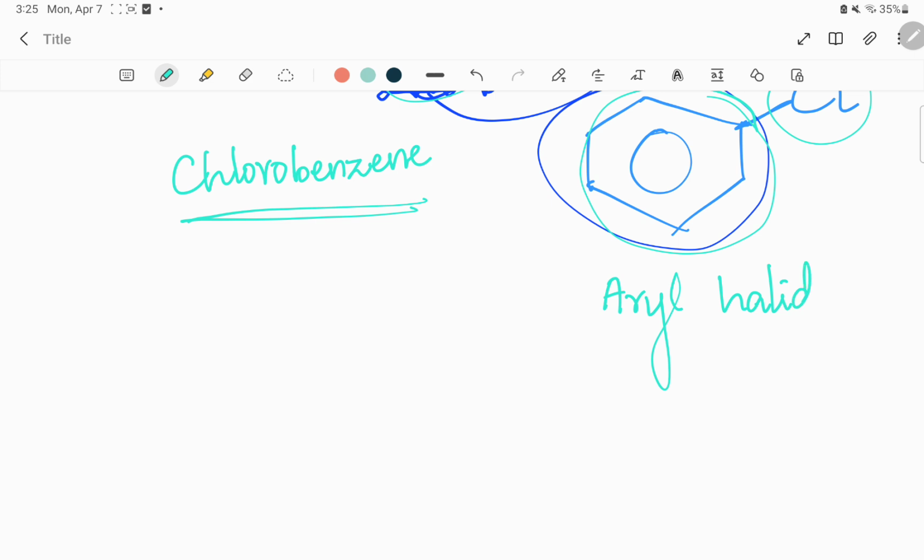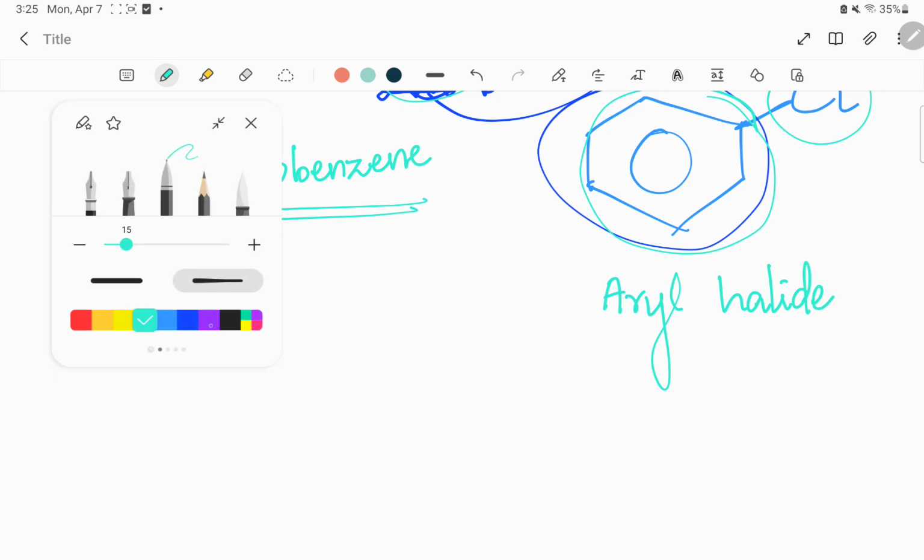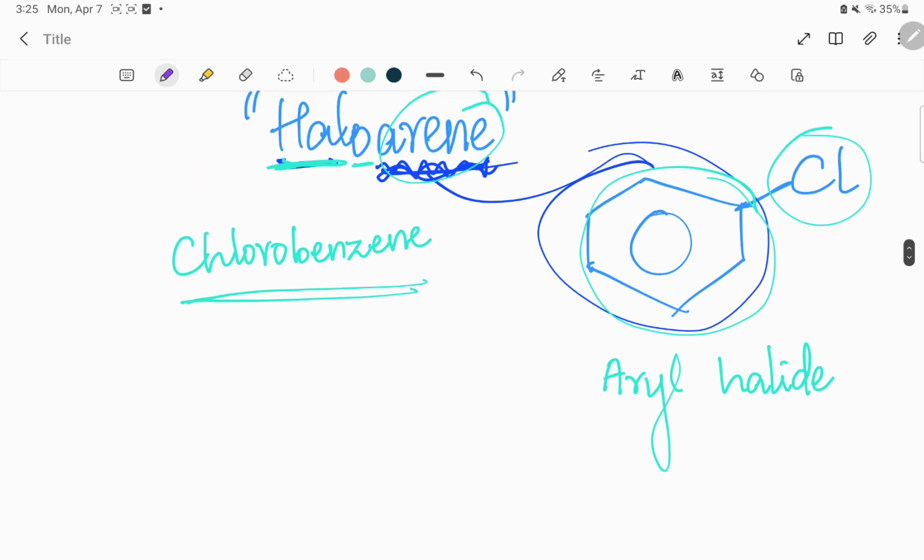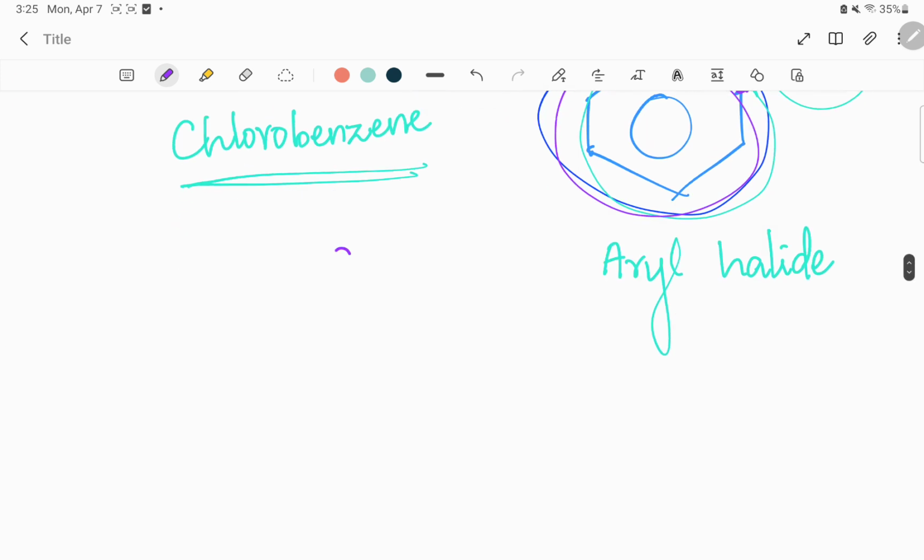So aryl is the name of the aromatic substituent. So here if you see, the substituent is a benzene ring. It is C6H5 and I think it is known as per grade 11 chemistry textbook.